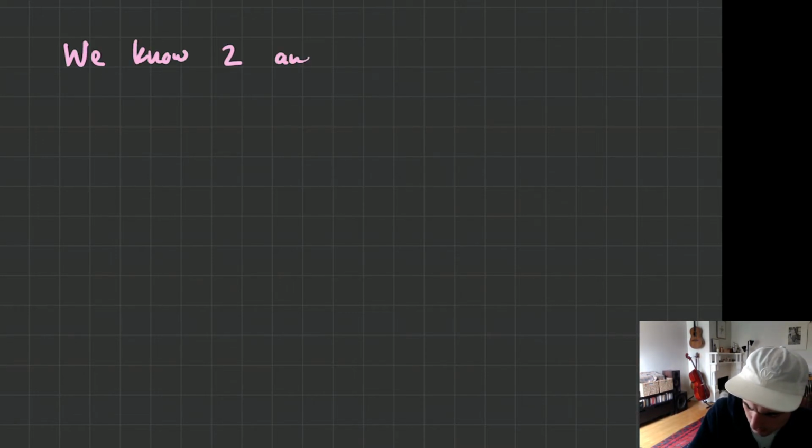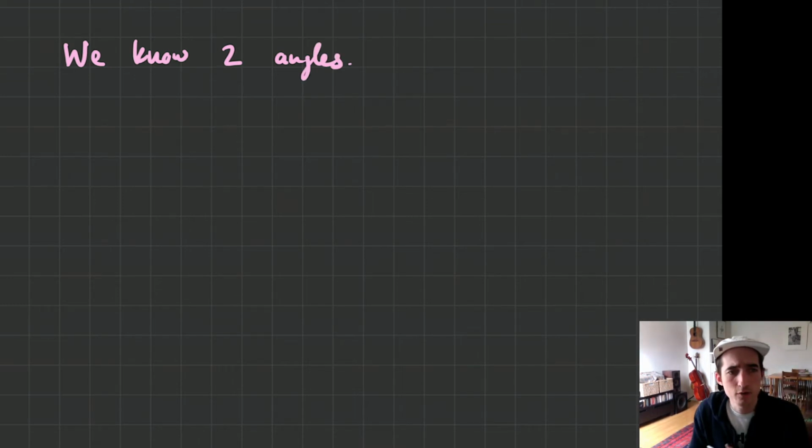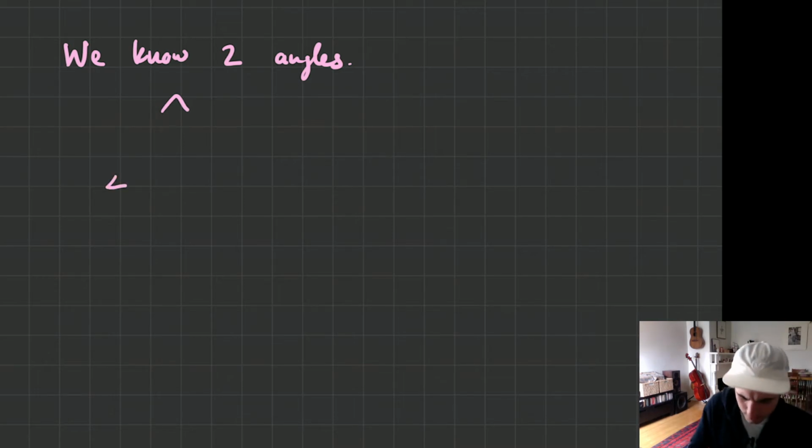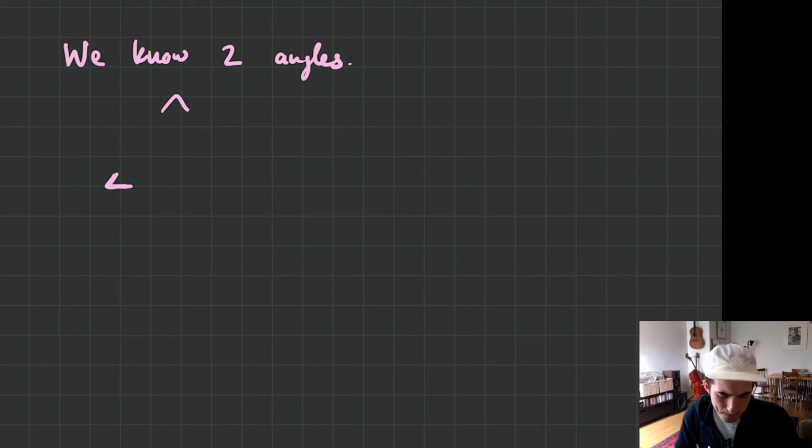2 angles? Okay, if we know 2 angles, well, let's think about what we would have. So let's say I know one angle and then another angle. If that's all I knew, well, I don't know anything about how long any of these are, right?